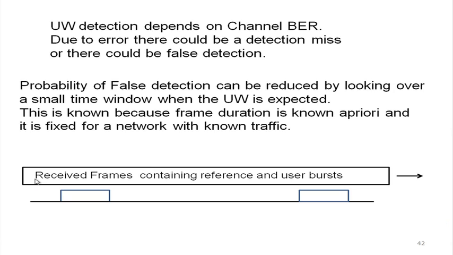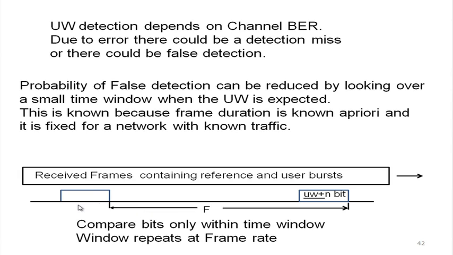So, let us put it pictorially: received frames containing the reference burst and the user burst go through shift registers, and unique word windows are generated. Let us say you get a unique word in this window. After a frame time minus the unique word size, or a slightly larger size, because there may be some error in your clock, so better to put an extra n bits over that, the next unique word will appear.